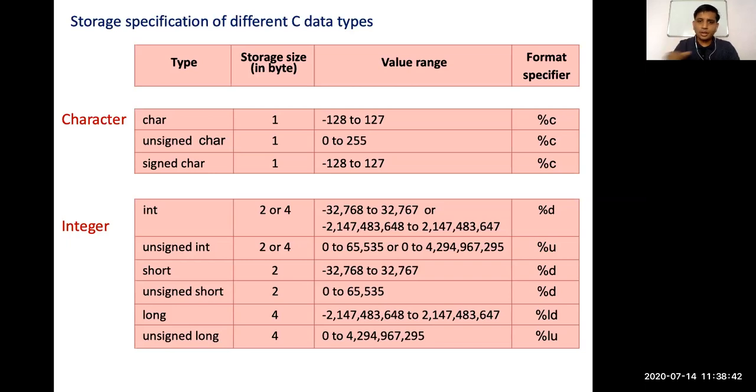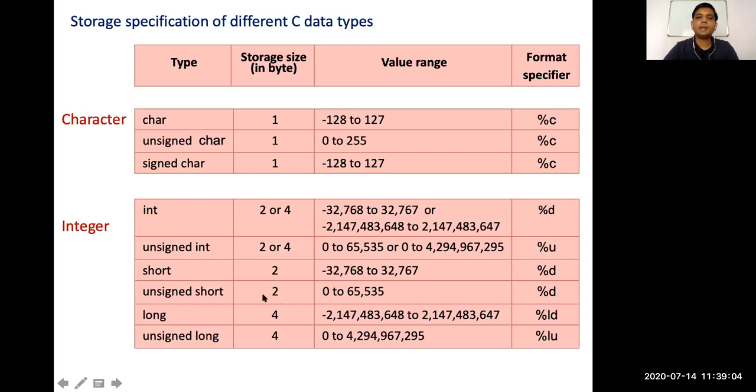And here the range is given as minus 32,768 to plus 32,767. The format specifier is the same, %d. Unsigned short, again 2 bytes is the storage, and the range is 0 to 65,535.